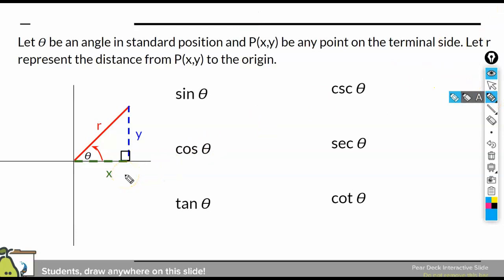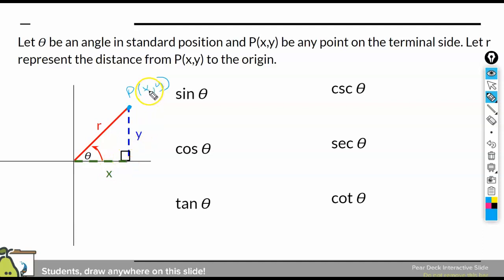So if we have some point here, and this is that point (x, y), and it's on the terminal side, we're designating that r is the length of that terminal side. And we use r historically because of radius. If we're drawing a circle, going in a circular motion around the origin, that would be the radius of the circle. So historically, we use r for that.